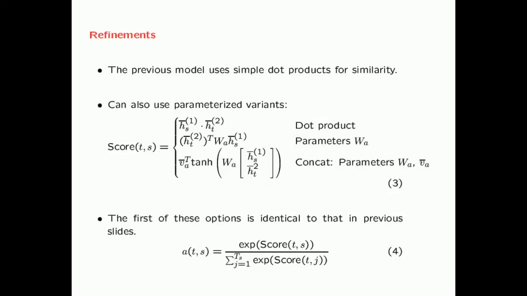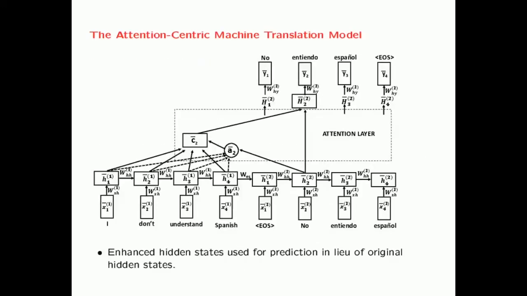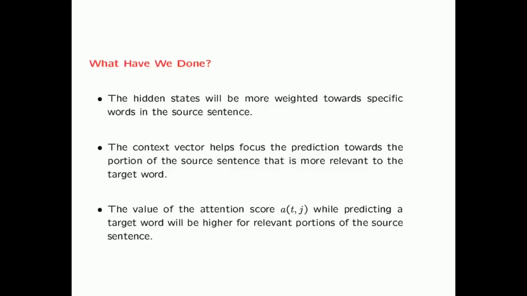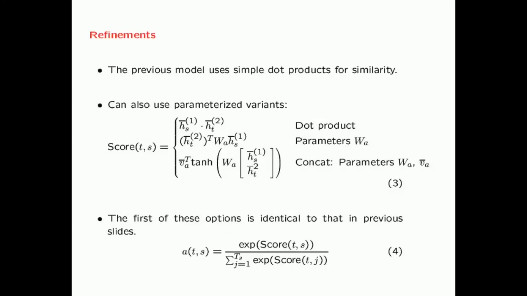I have shown different ways of scoring, score TS, and then you can calculate this attention value. ATS is given by exp of score TS divided by the sum, which is the same equation that I had shown, equation 1 over here. So I have shown many different variants for calculating this value of ATJ. These different variants are shown in equation 3, so that you can calculate the score TS in many different ways.